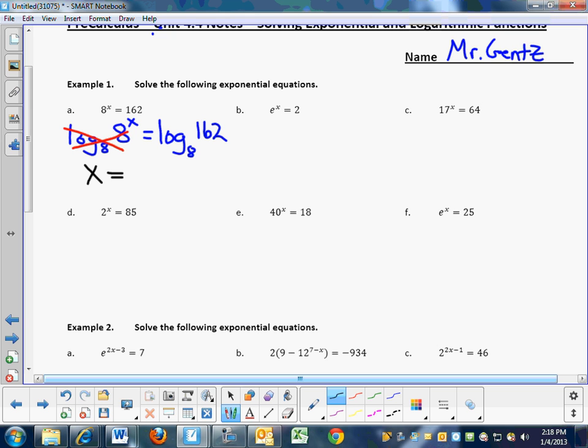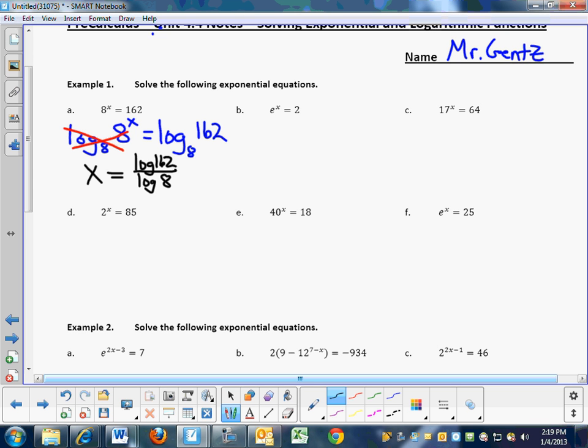Now, do you remember yesterday, how did we solve log base 8 of 162? Because we don't have a base 8 on our calculator. Good. I take the log of 162 and I divide it by the log of 8. I use my change of base formula. So on your calculator, you can try it.